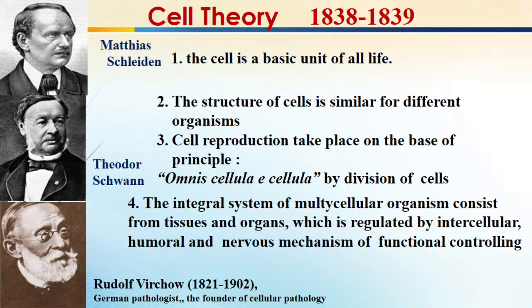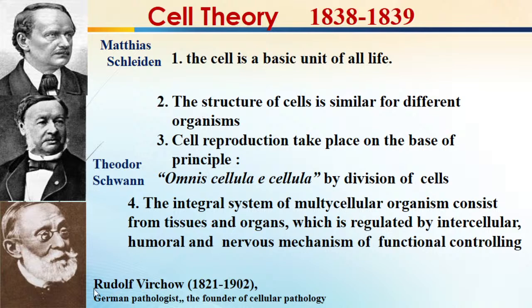It was founded in 1838, 1839, and of course the authors of this fundamental theory were Matthias Schleiden and Theodor Schwann, both German scientists, who postulated the main fundamental phrases. First, the cell is the basic unit of all life. The second, the structure of cells is similar for different organisms.